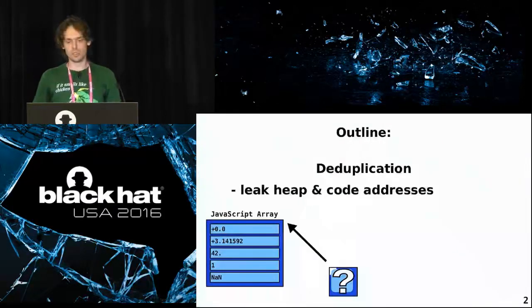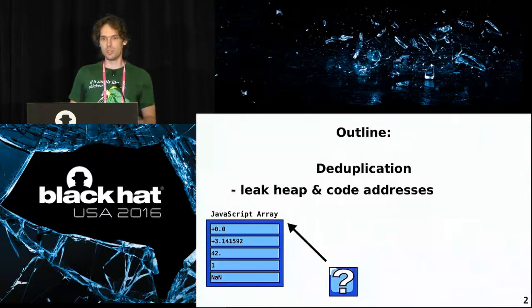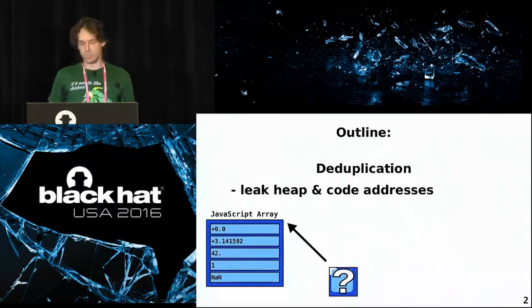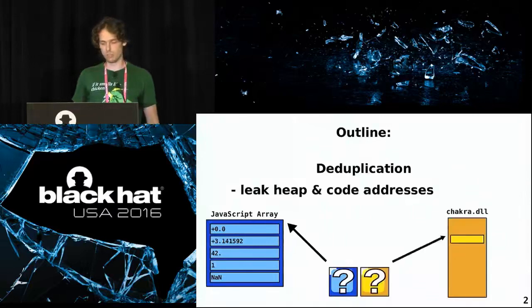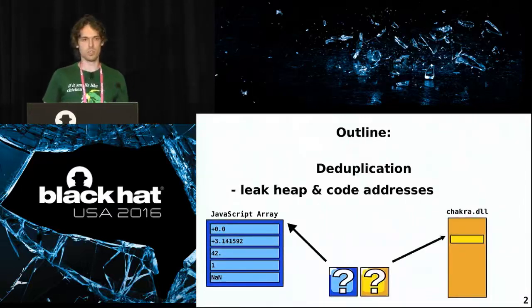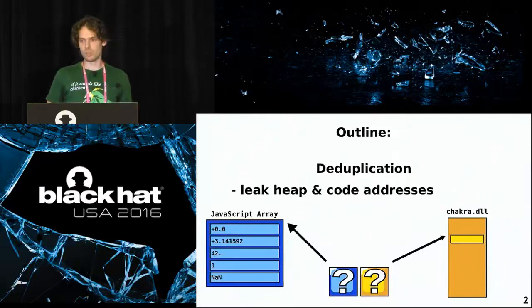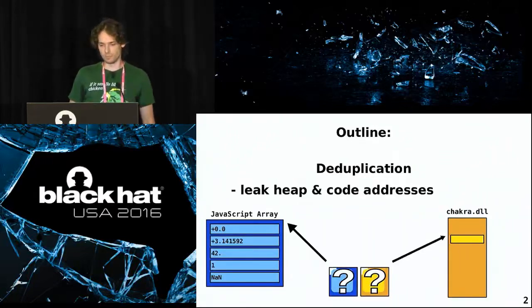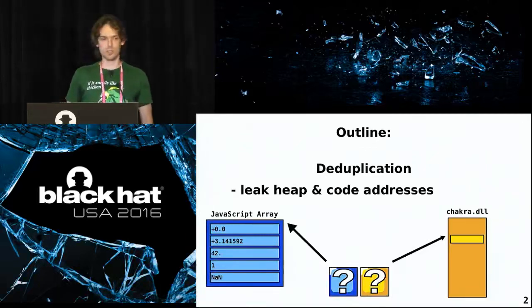So what are we going to do? In short, we will use deduplication as a side channel to leak both heap and code pointers. So we will leak a heap address of a JavaScript array with contents we control, and we will leak a code pointer into a Microsoft Edge JavaScript library.